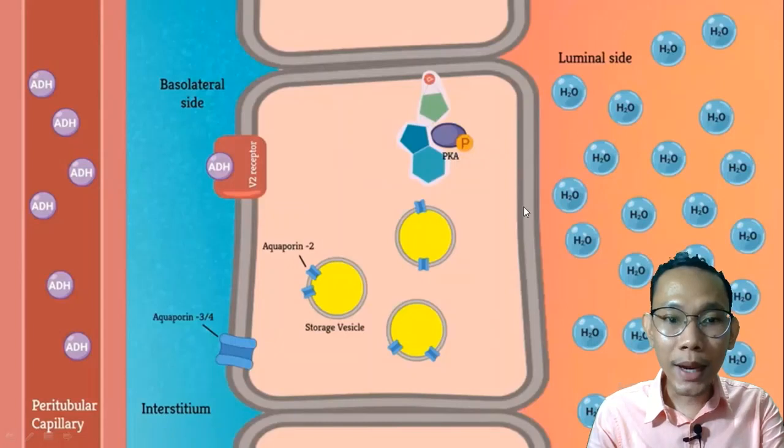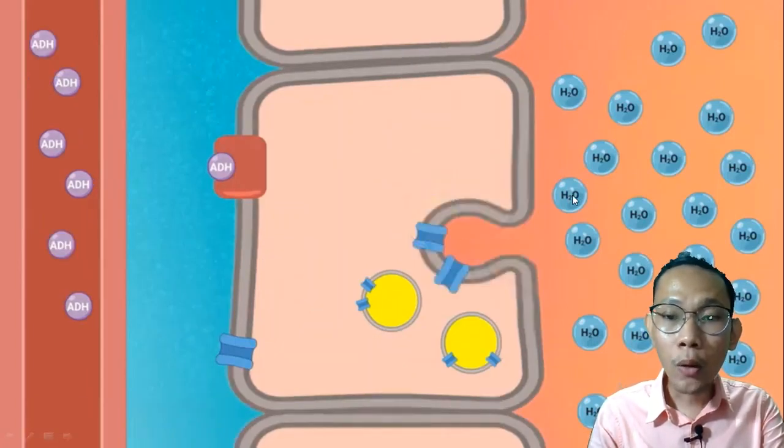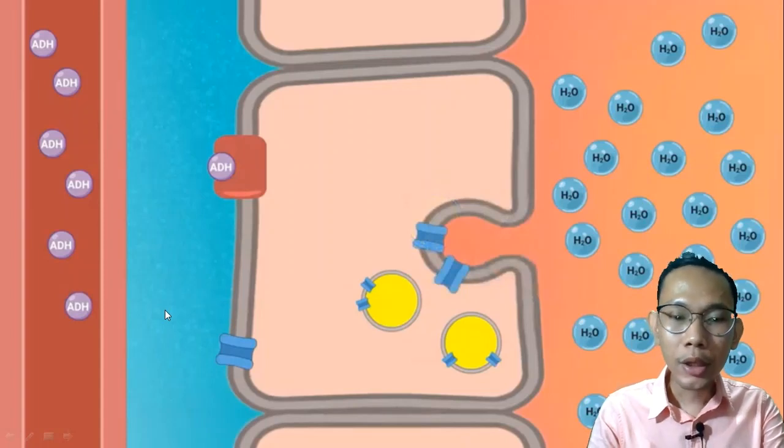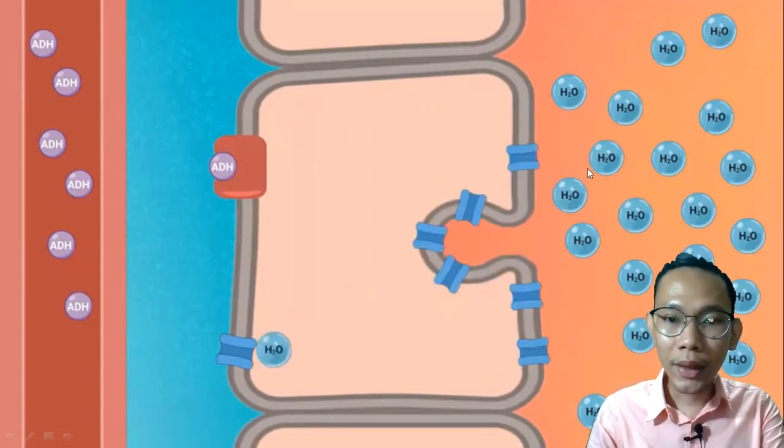When this aquaporin is inserted on the luminal side, it will help water pass through the cells and be conserved inside our body. So these are the aquaporins. Once activated, these aquaporins serve as your water channel.